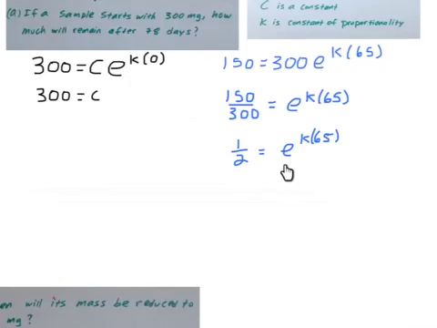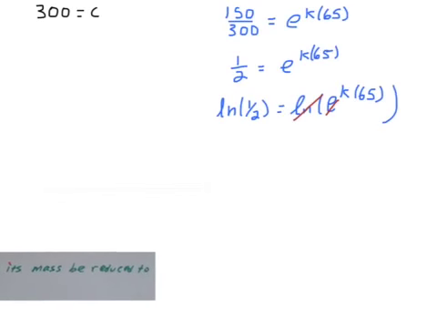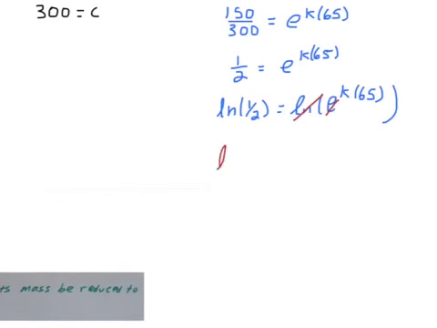So it's going to be ln of 1/2 equal to the ln of e to the k times 65. The ln and the e cancel off, so this undoes that, and I end up with ln of 1/2 is equal to 65k.